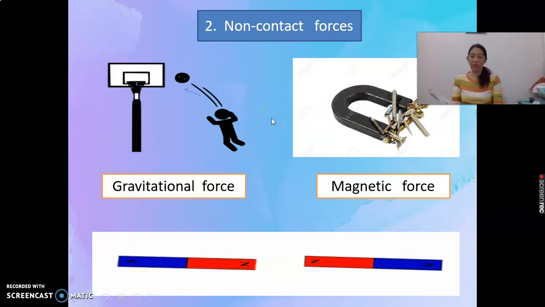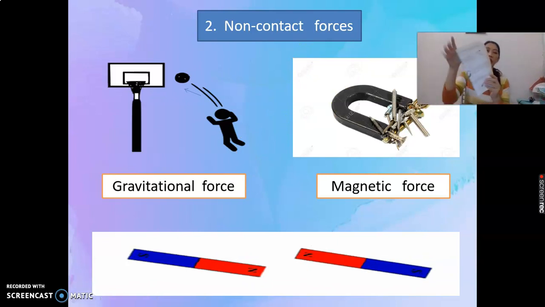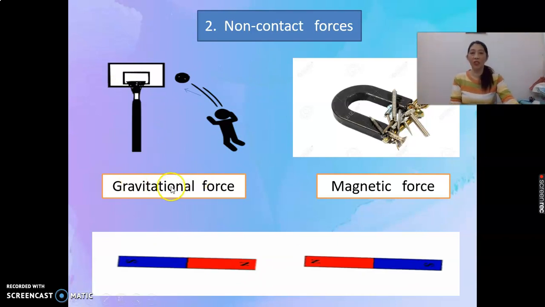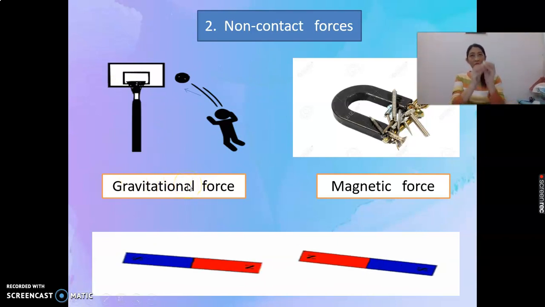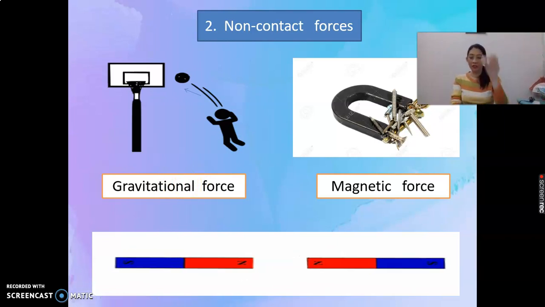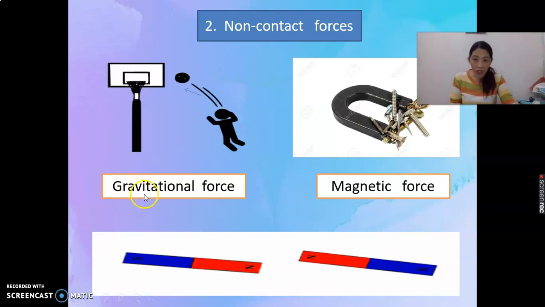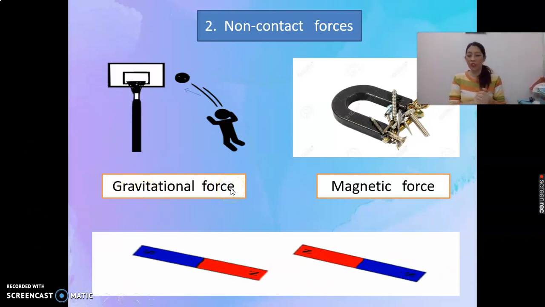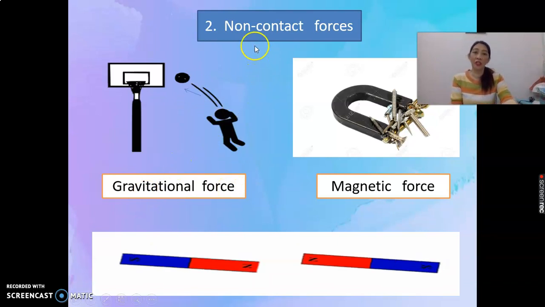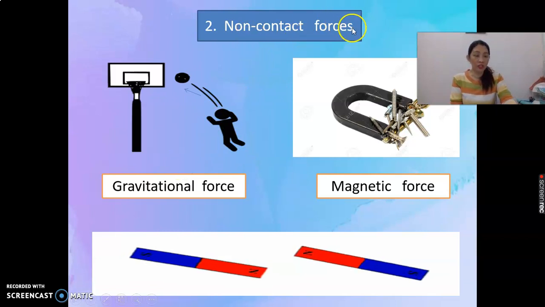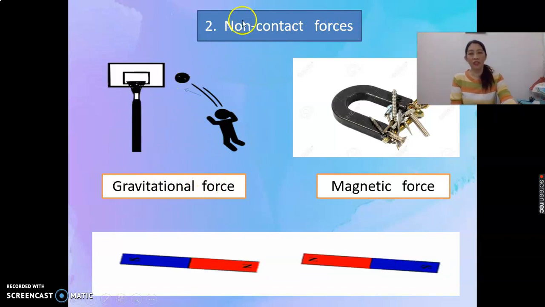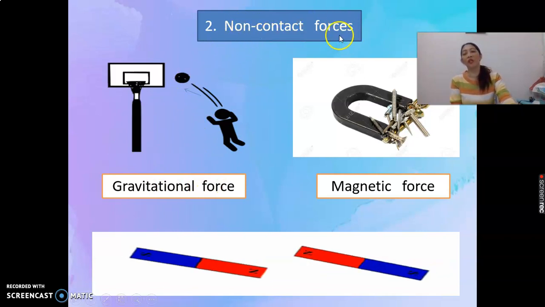Number 1, page 34: when the ball is thrown in the air, we have the gravitational force. Gravitational force is an example of non-contact forces.